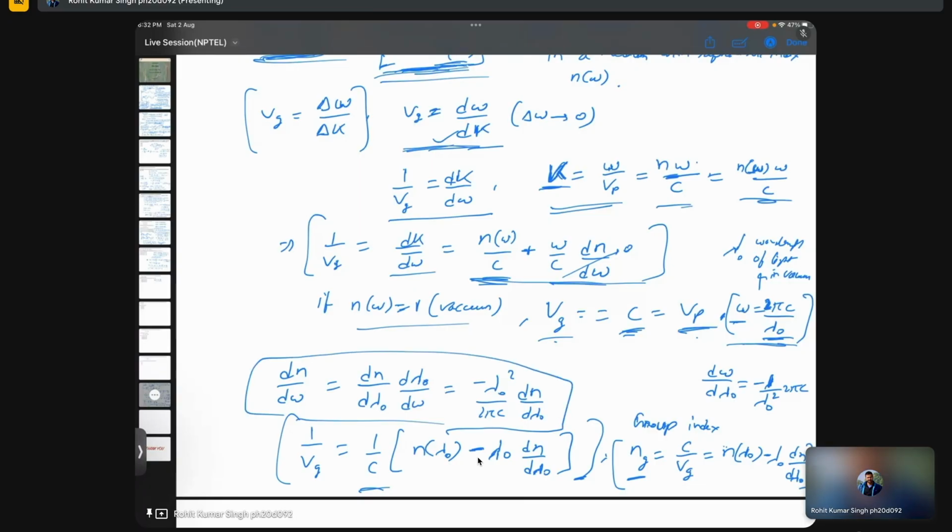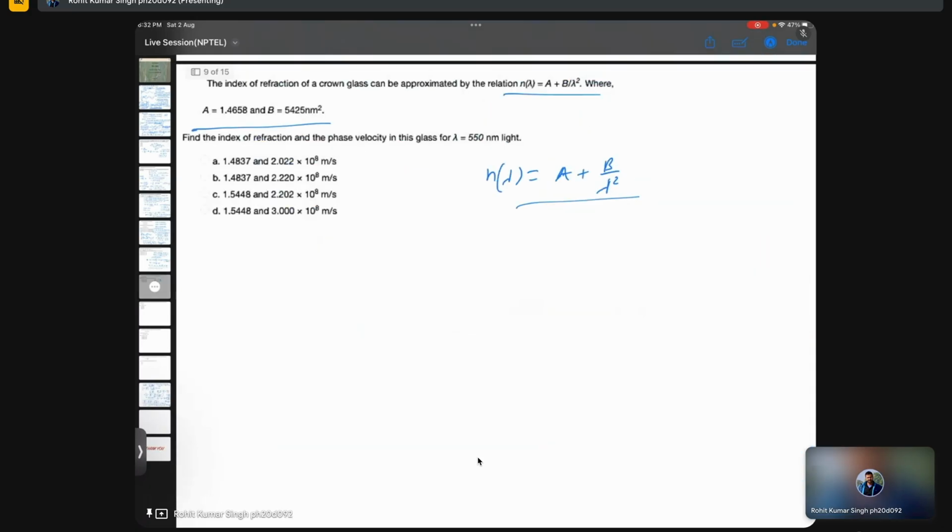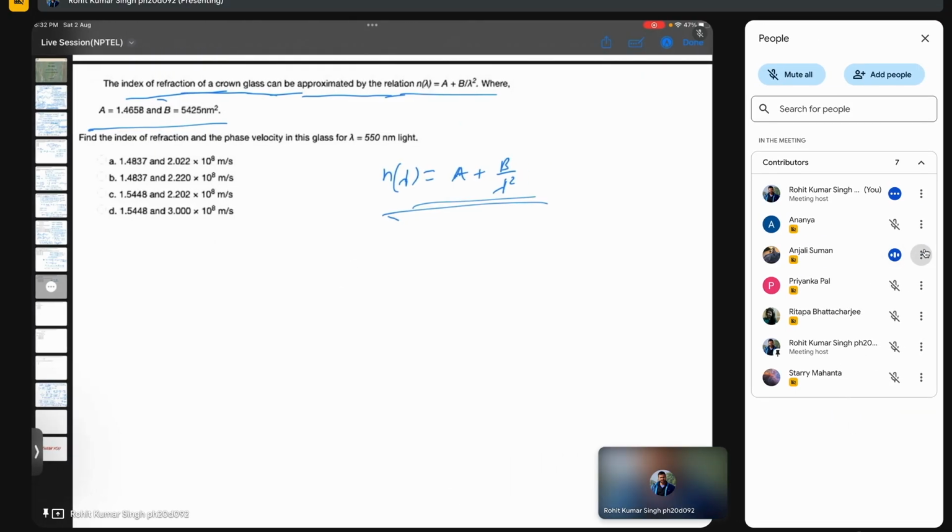So the question says that the refractive index of a crown glass can be approximated by this relation, a plus b by lambda square. I think, Anjali, can you mute? Yeah, thank you.